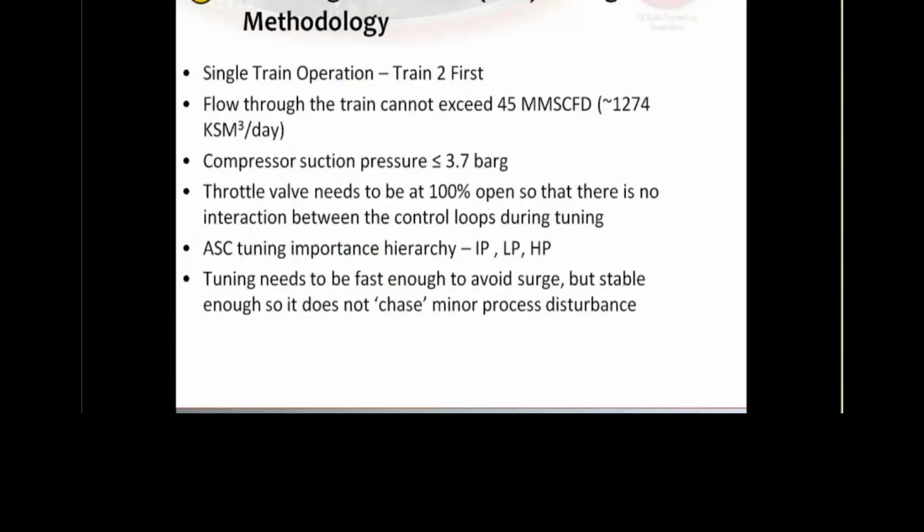The client has told us in the past that there were multiple trials of people coming in trying to tune the anti-surge control systems, but have not been successful. It's because of the complexity that was inherent within the whole design of the control system.